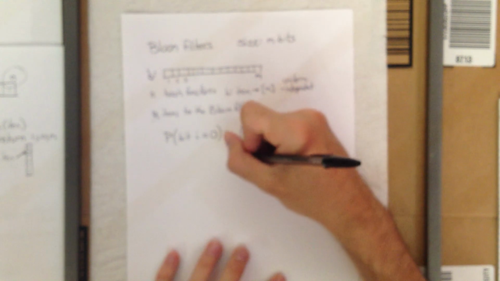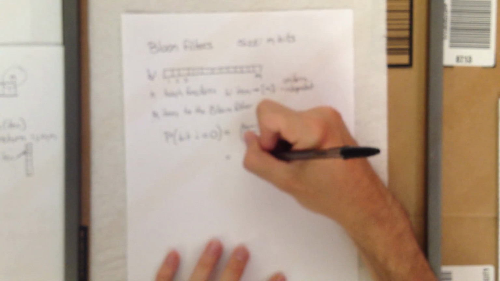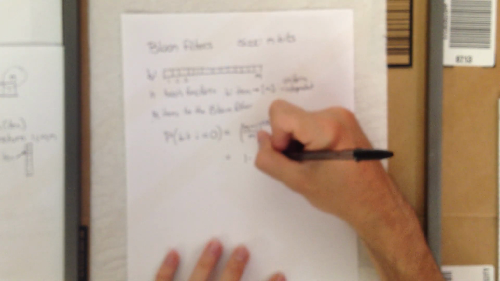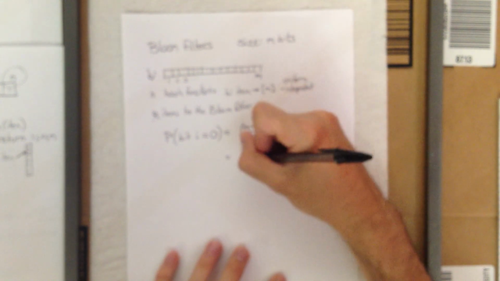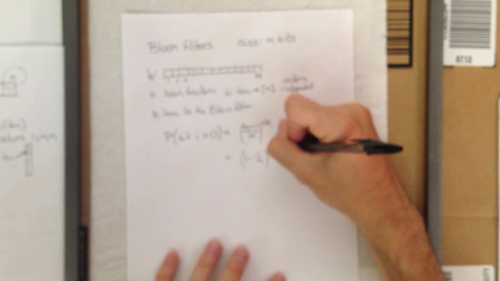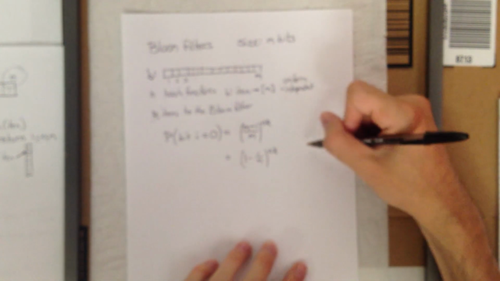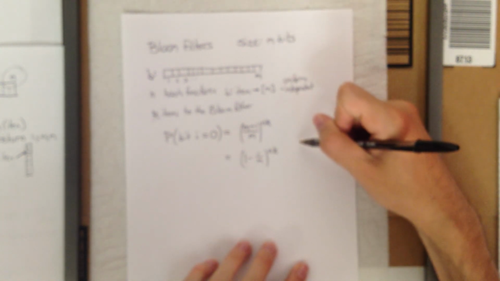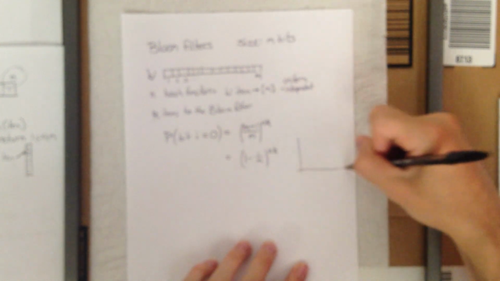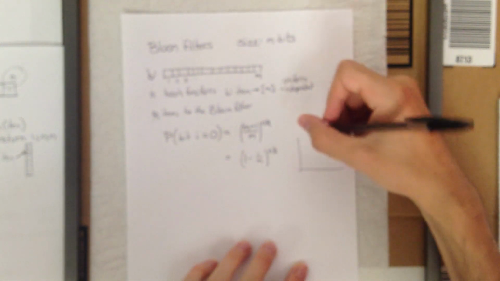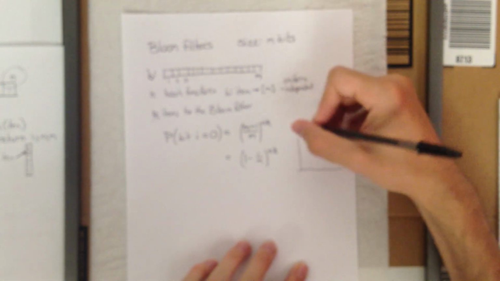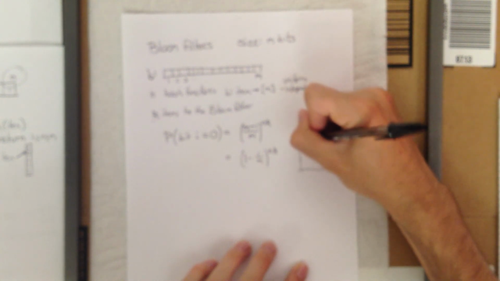So let's simplify this a little. This is equal to (1 - 1/m)^(nk). And now I'm going to show you a trick that's handy often for this sort of math. And that is, I'm going to graph 1 minus x on this plot.